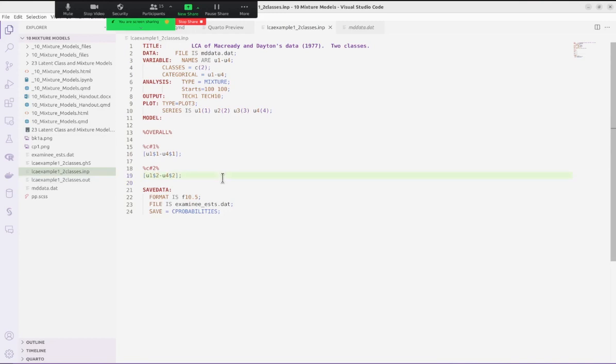And it's important to think about that, because when you put a model within each class statement, so like here under class 1 and here under class 2, what M+ is estimating is that model unique to that class. So here I've got 4 items for a model for class 1. It's going to assume they're independent by default. Like our model parameterization says, it's just going to estimate the item threshold, which is -1 times the item difficulty, so the flip of it here.